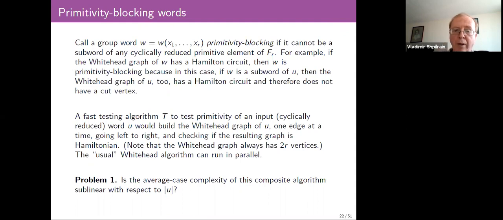So the expected running time of this algorithm, in the usual sense of probability theory, I expect it to be sublinear. And this would be a very interesting result. So that would be a very natural problem that would have an average case solution sublinear.